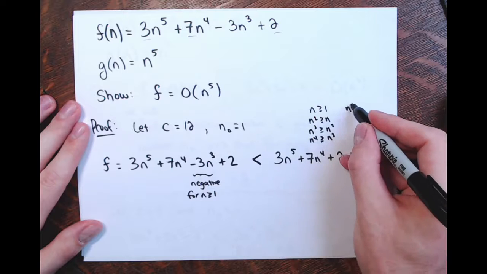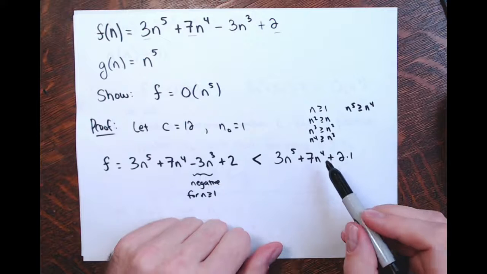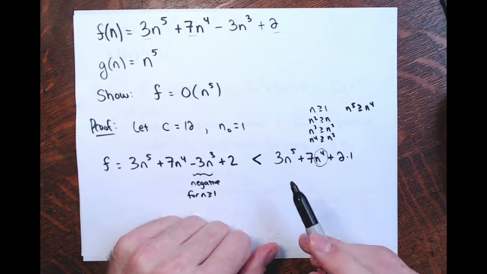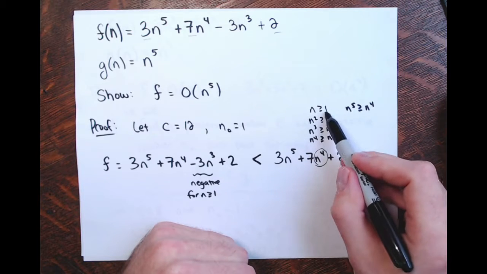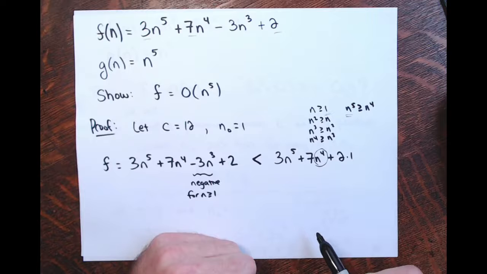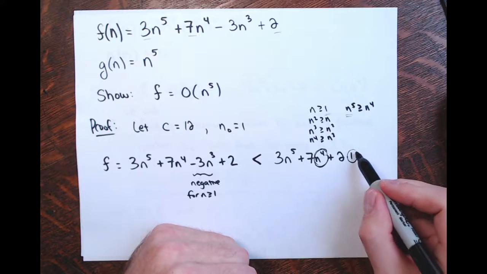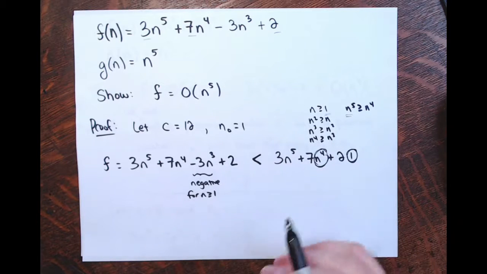N to the fifth would be greater than or equal to n to the fourth. So if I replace n to the fourth with n to the fifth, it's going to make this as big or larger. And through this chain of inequality, you can see that 1 is also less than or equal to n to the fifth. So I can replace the n to the fourth with n to the fifth, replace this 1 here with n to the fifth, and it'll just give me an expression that's as big or larger.